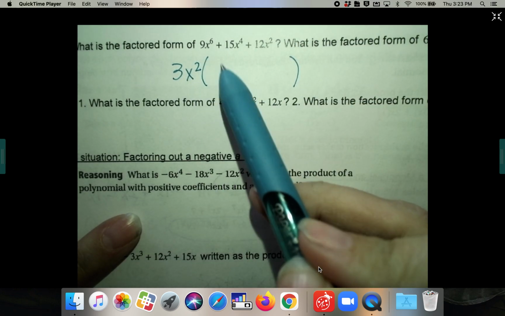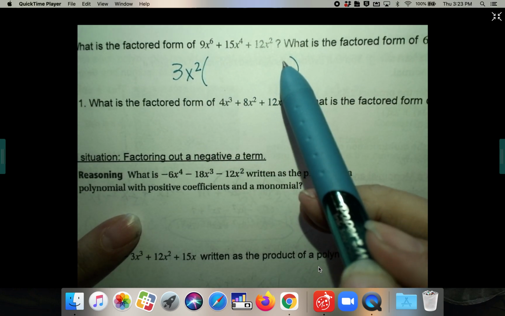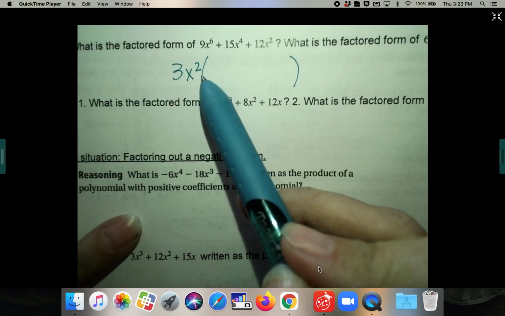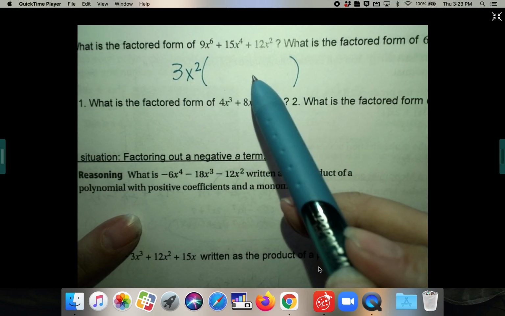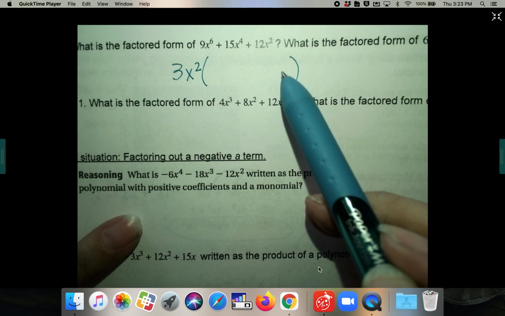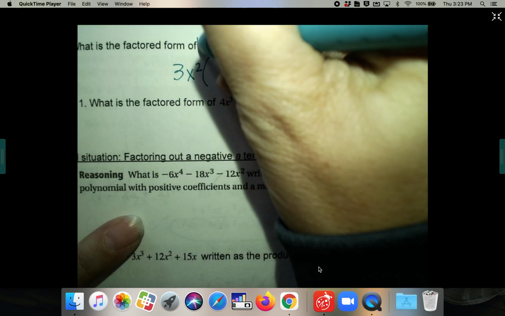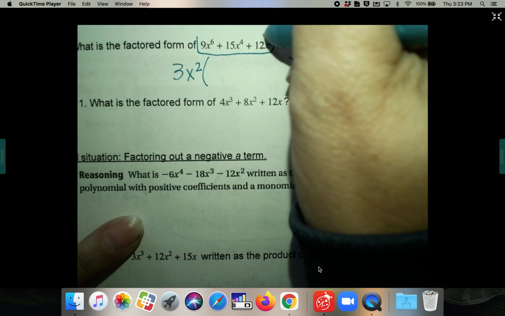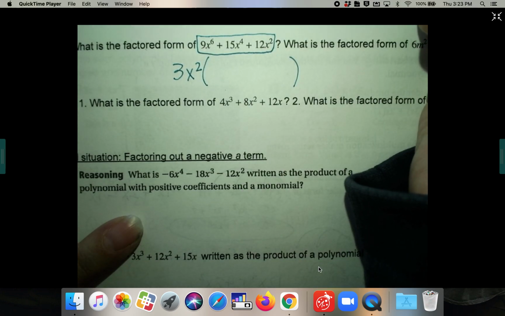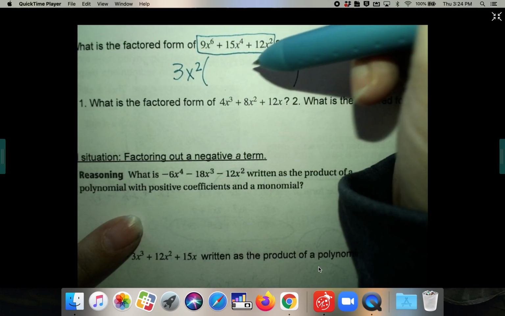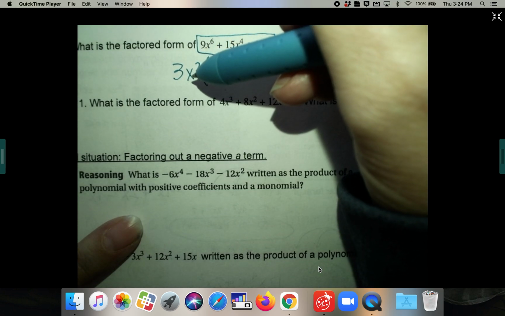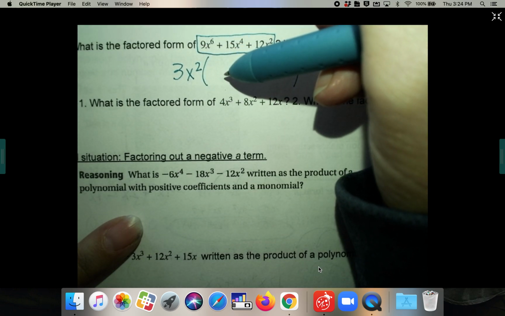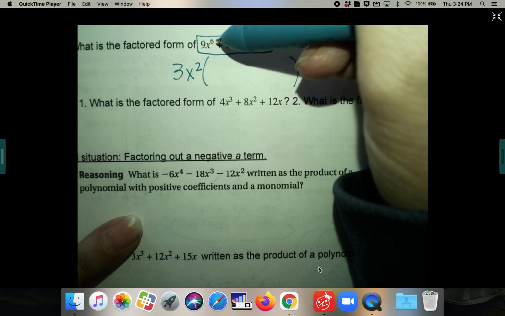It's like reverse distributing. When I distribute 3x squared times whatever 3 terms are going to be in here, I want it to equal 9x to the 6th plus 15x to the 4th plus 12x squared. So what 3 terms should go inside the parentheses to where when I distribute the first term, I would get 9x to the 6th.